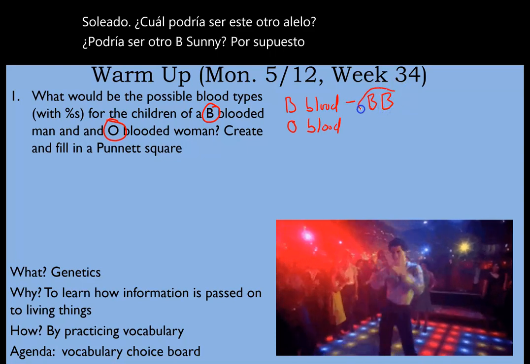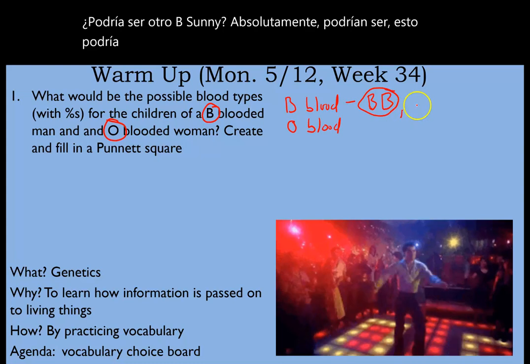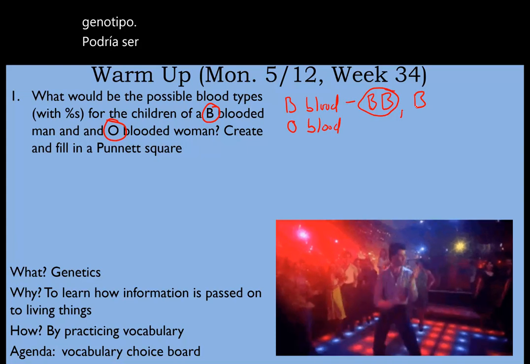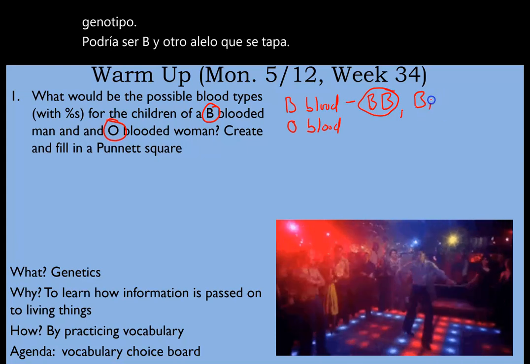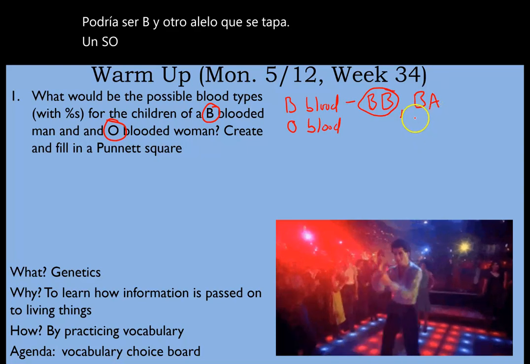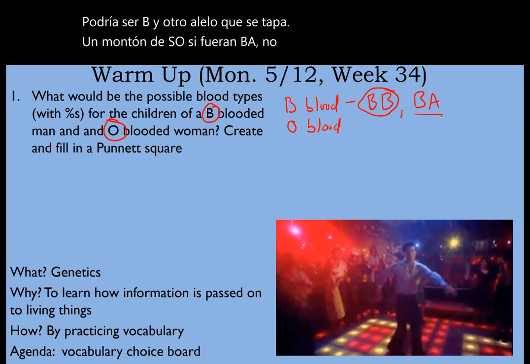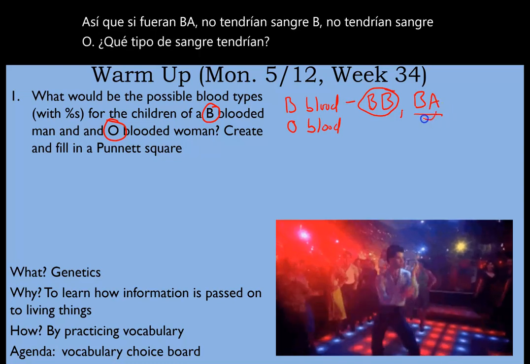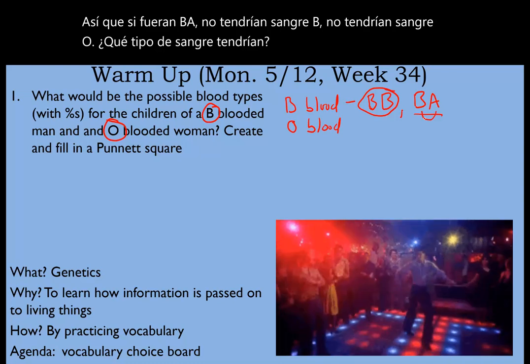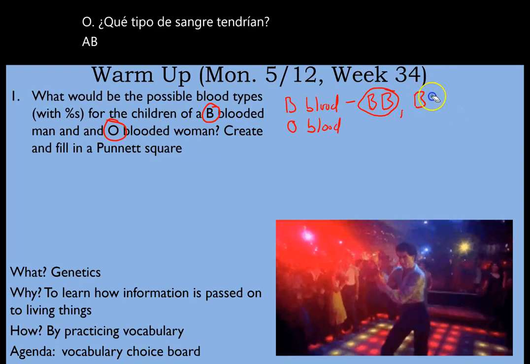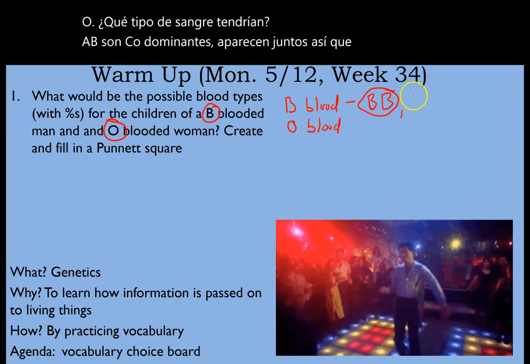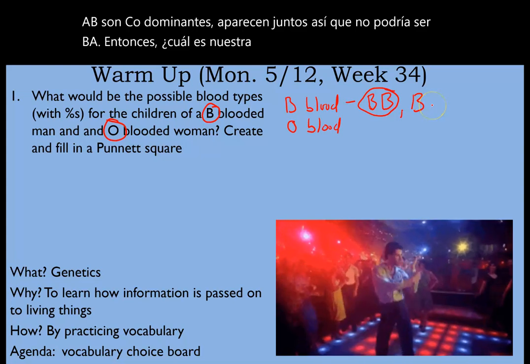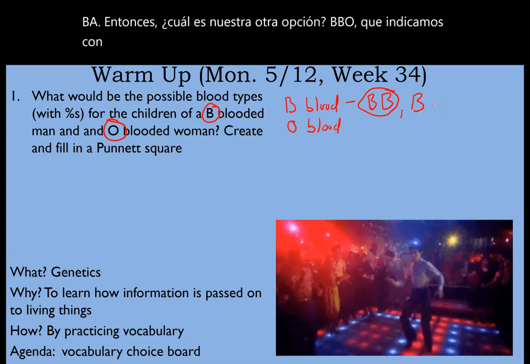This could be their genotype, BB, or it could be B and another allele that gets covered up. Well, if they were BA, they wouldn't have B blood, and they wouldn't have O blood. What kind of blood would they have? AB. They're co-dominant. They show up together. So it couldn't be BA. So what's our other option? BO, which we indicate by what letter do we show an O allele?